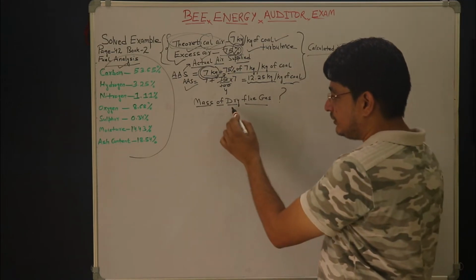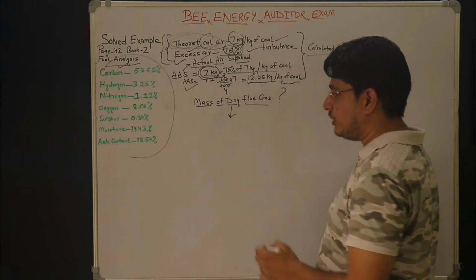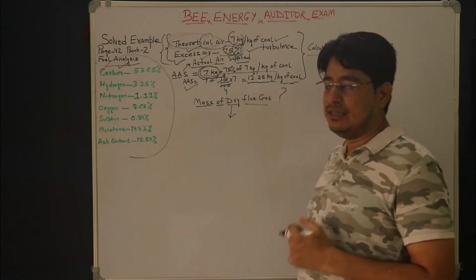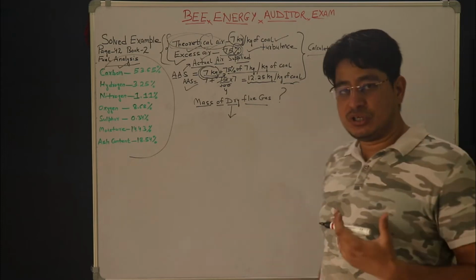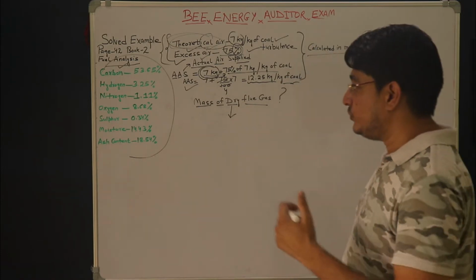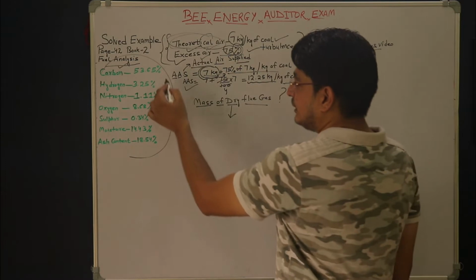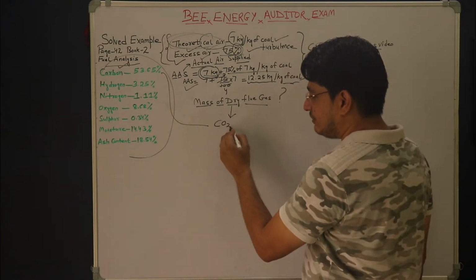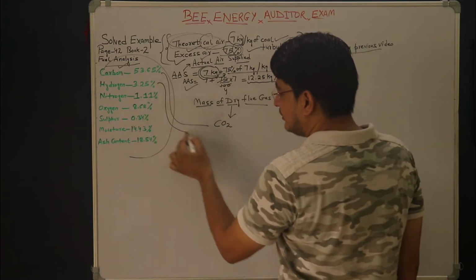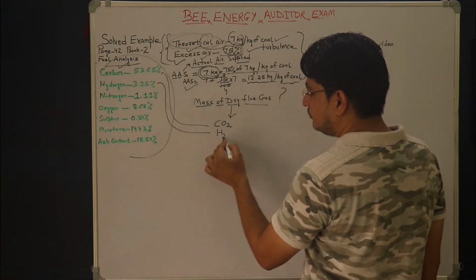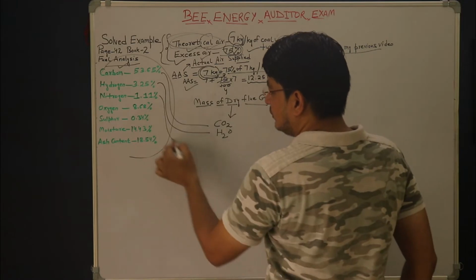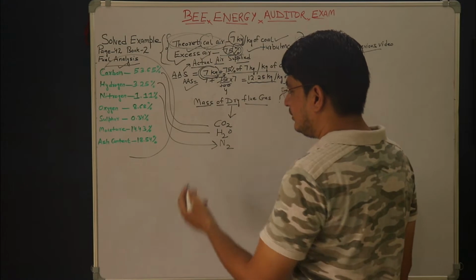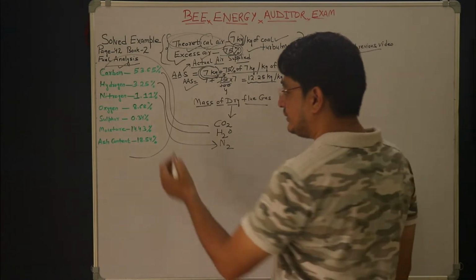So first we should know what are the constituents of the flue gas that are available. That depends on the constituents of the fuel. You can clearly see from here that carbon will result in the formation of CO2, that is carbon dioxide. Hydrogen will result in the formation of water. Nitrogen will result in nothing and it will pass as nitrogen in the dry flue gas.